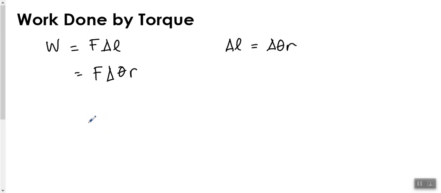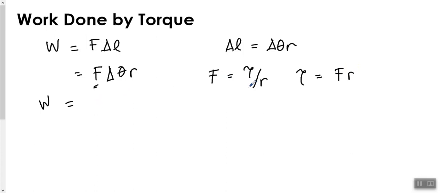And we know that work will be force, and we know that force in terms of torque is equal to torque over radius, from the equation torque equals force times the radius.